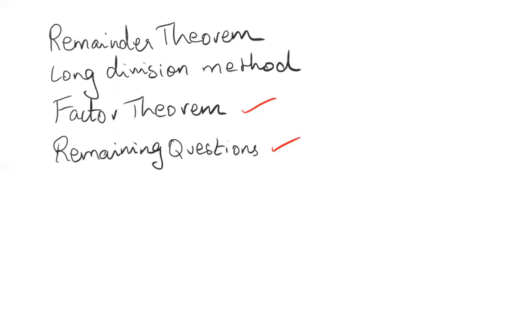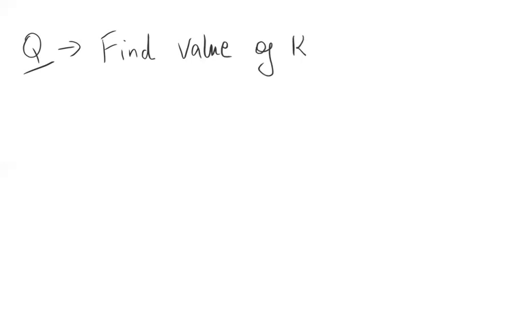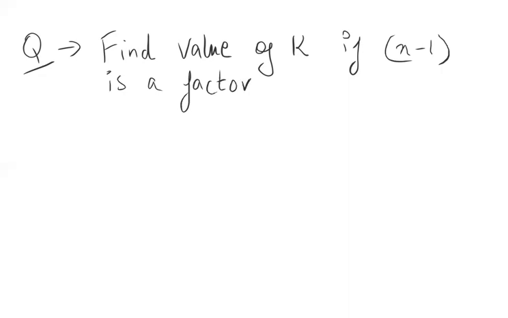All right, so we have to find the value of k if x minus 1 is a factor of 4x cubed plus 3x squared minus 4x plus k.